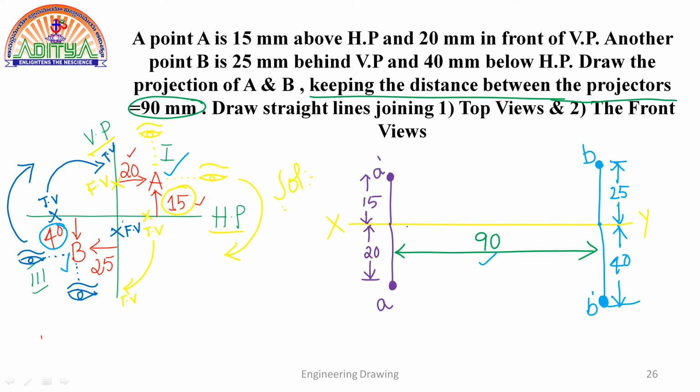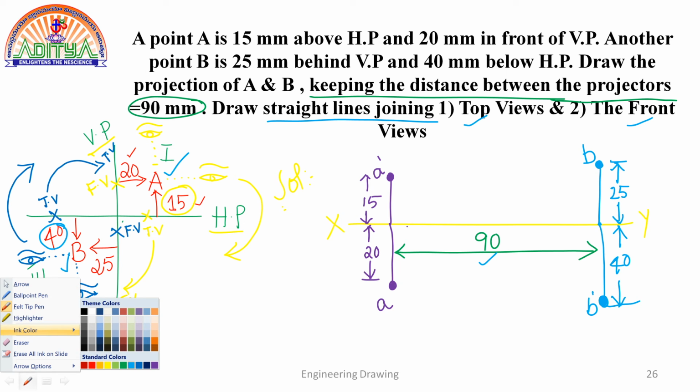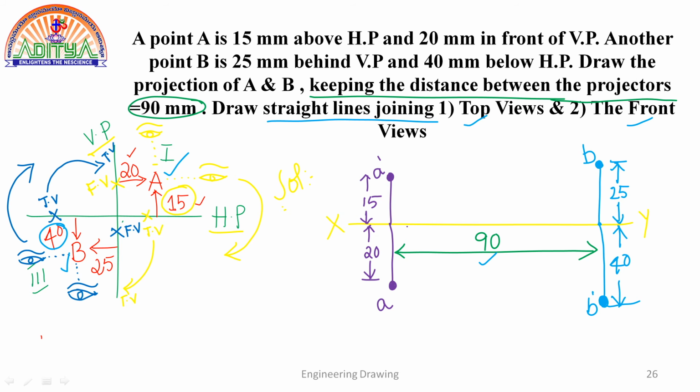Okay. Next, draw the straight lines joining top views and front views. So another condition is that we have to draw a straight line joining top view and front view. It means with the help of a steel rule, with the help of a scale, we need to join the top views and front views.